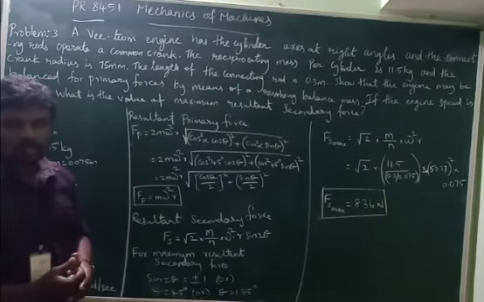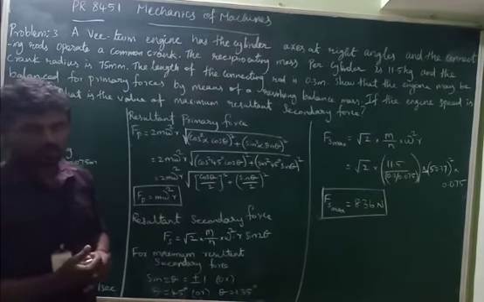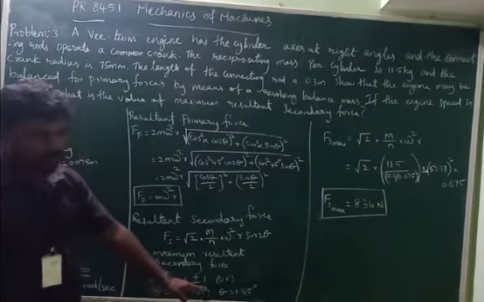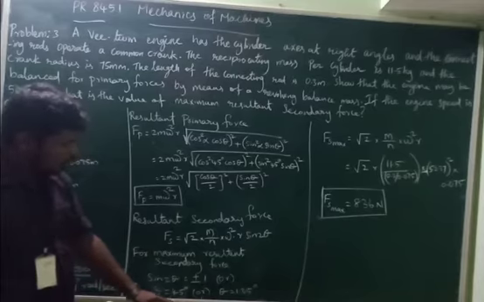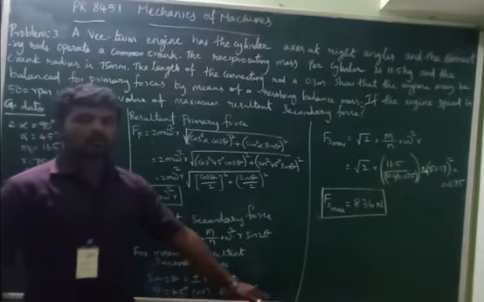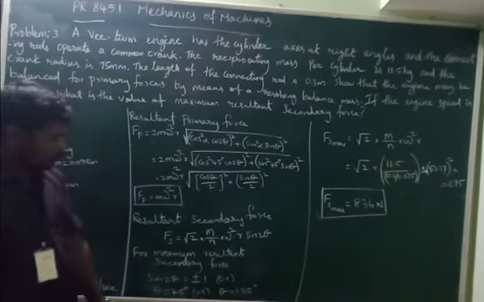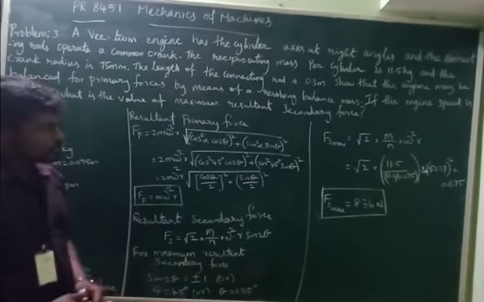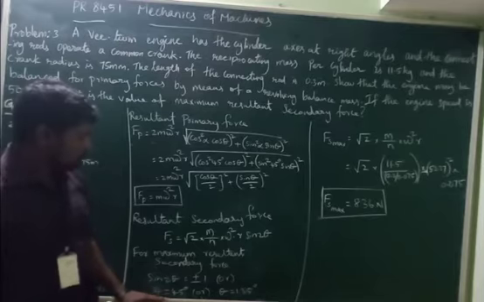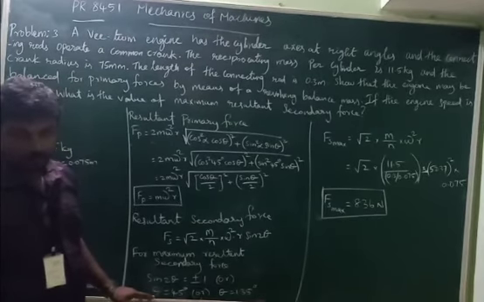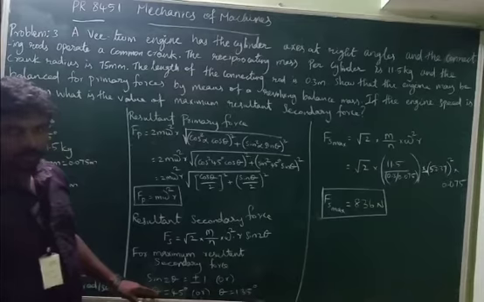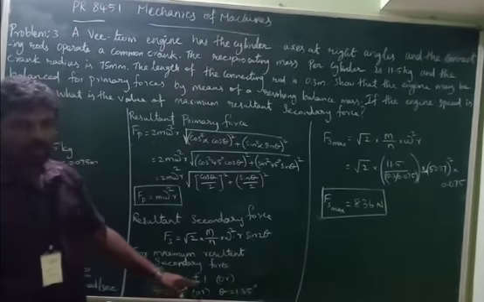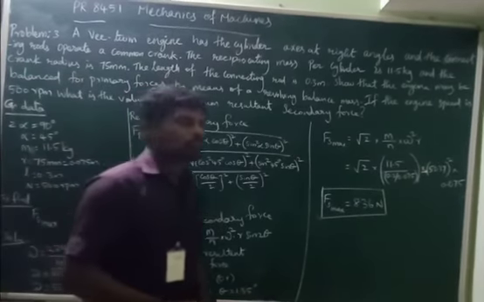For the maximum resultant secondary force, the condition will be sin 2 theta equal to plus or minus 1. Otherwise, we can use theta equal to 45 or theta equal to 135. Right? This is the condition. So we can apply this condition for theta equal to 45 degrees. For theta equal to 45 degrees, the sin 2 theta value will be 1.